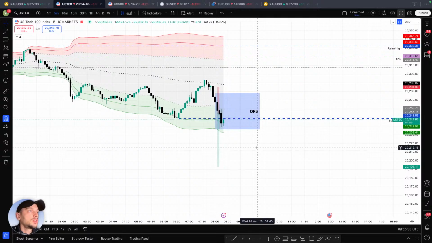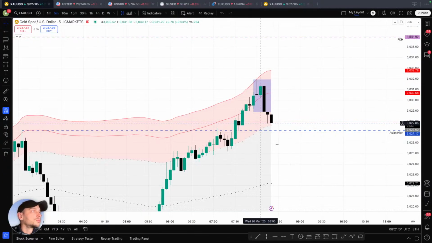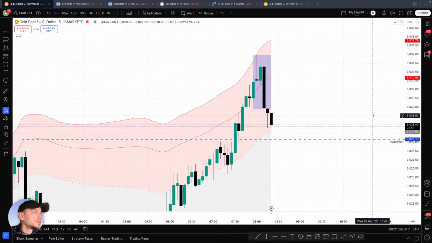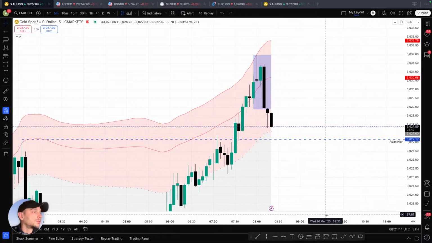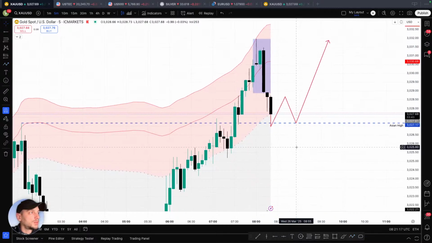We're still watching the Nasdaq 5-minute ORB. There we go. The price came, almost took the previous week. That's how I see it.